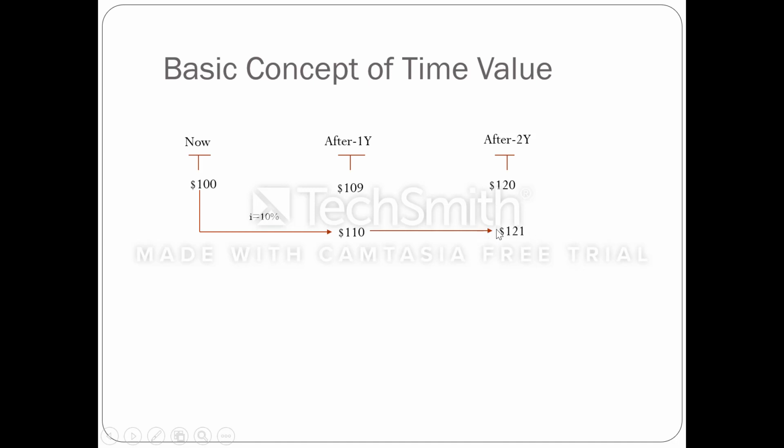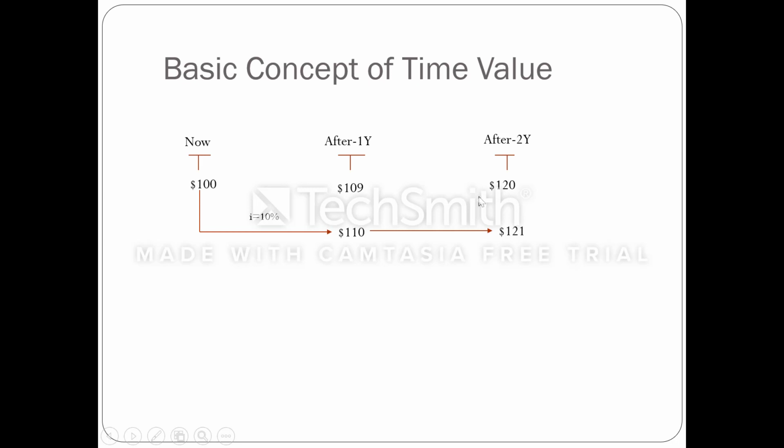So the additional $11 is your interest for the second year. Now you can compare that alternative option number one is much better than even the third one. It's 121 versus 120, because 100 has grown to 121 versus 120.